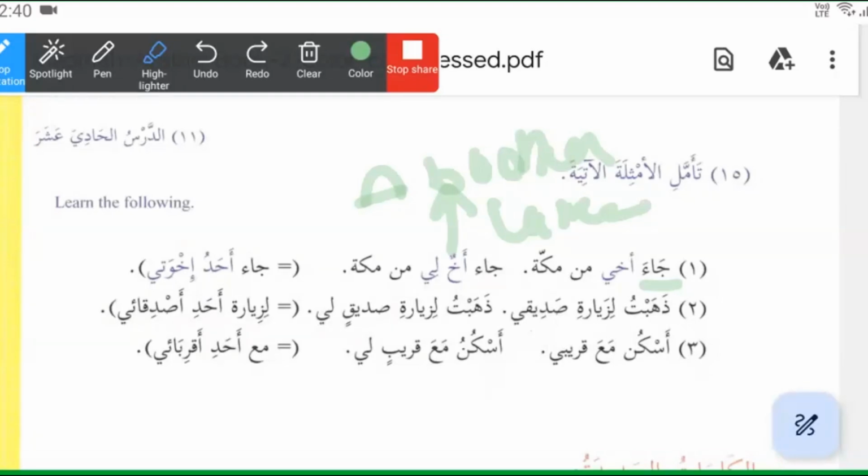ذهبت لزيارة صديقي. ذهبت لزيارة صديق لي. لزيارة أحد أصدقائي. Now we will say ذهبت لزيارة صديقي, I went to make a visit to my friend.